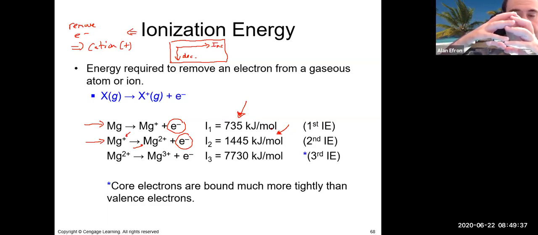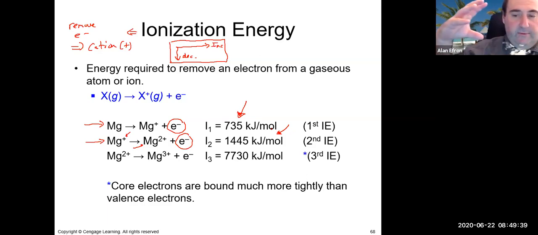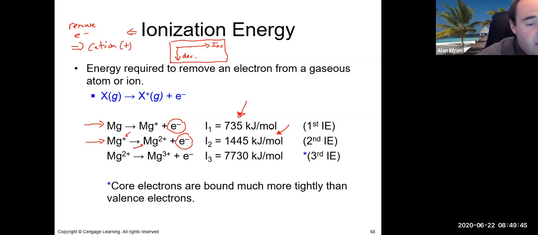So everything comes in, and all those electrons that were originally further away from the nucleus now find themselves closer to the nucleus and being held a lot tighter. And we see that as a result here in the energy difference as we go from our first ionization energy to our second. There's almost a double increase in terms of the amount of energy required to remove that second electron.